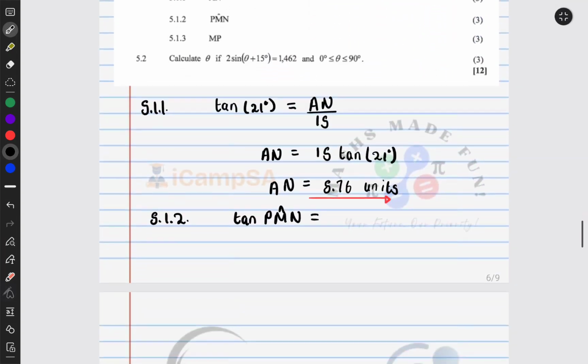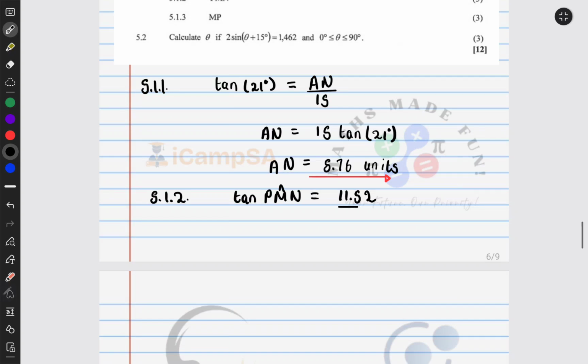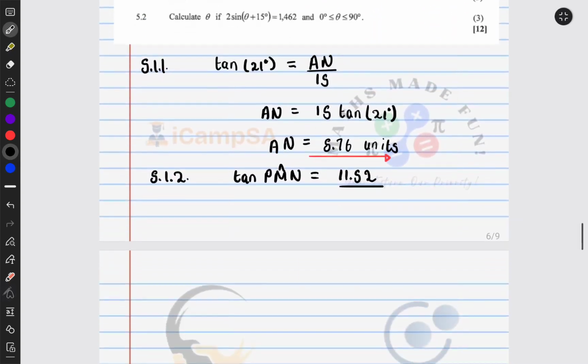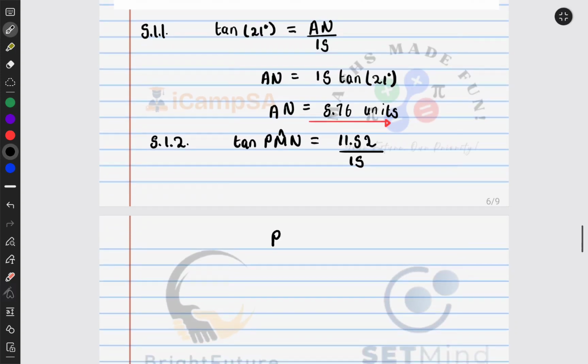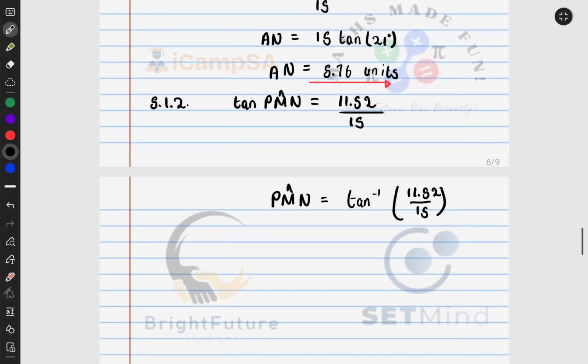Side PN is 11.52, divided by the adjacent side, which is 15. So PMN is equal to tan inverse of 11.52 divided by 15. Punch this in your calculator, that gives us 37.52 degrees. That is the angle PMN.